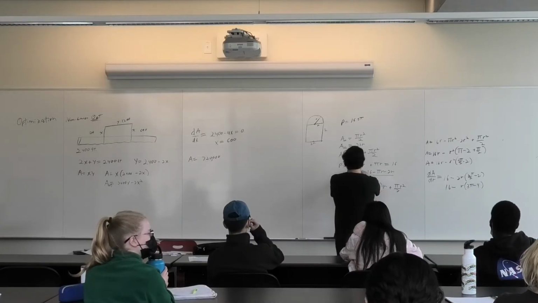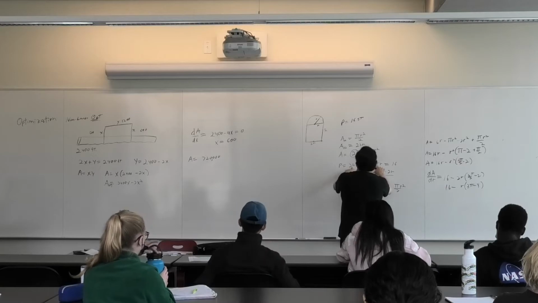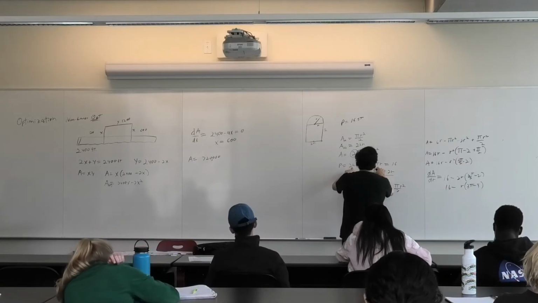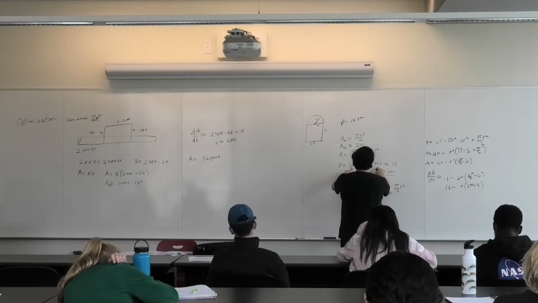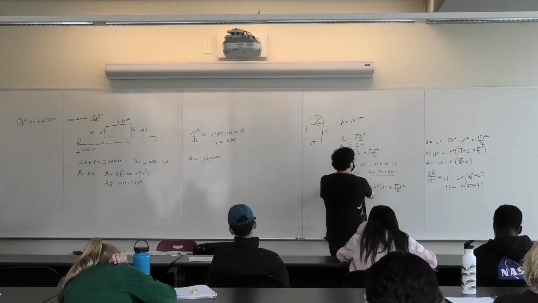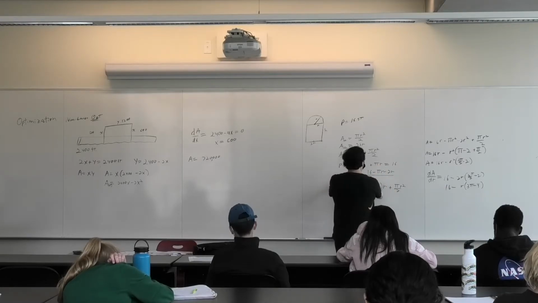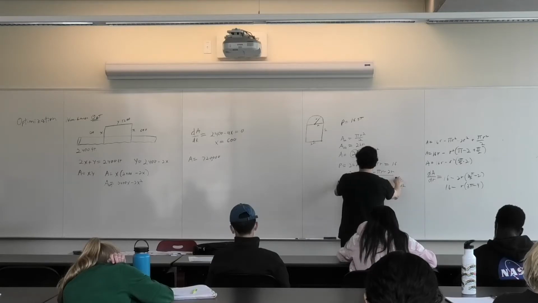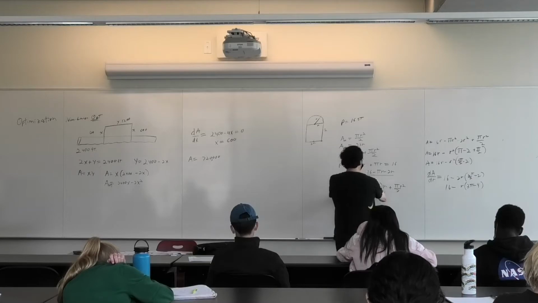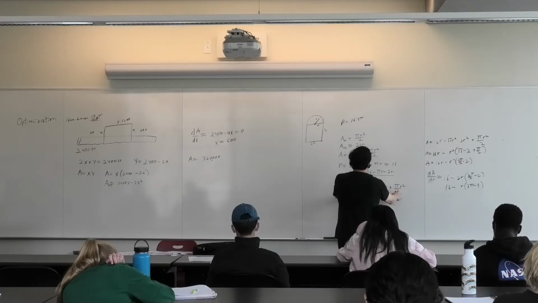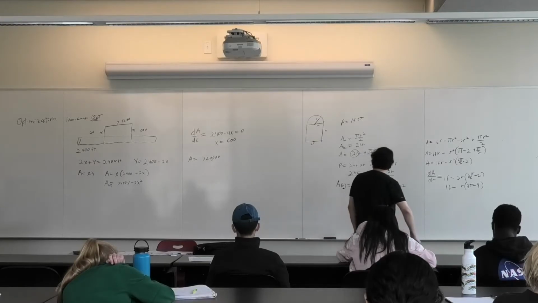So, I have 2h's plus 2r's plus pi r. And 2h equals 16 minus pi r minus 2r. Well, that's what 2h is, so that times r plus pi r squared over 2. Okay.